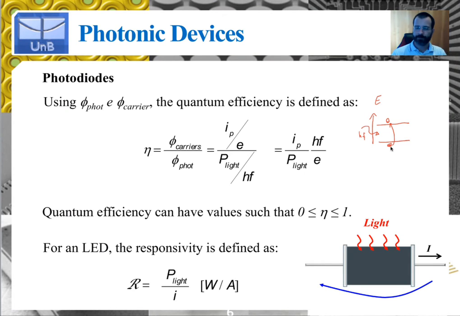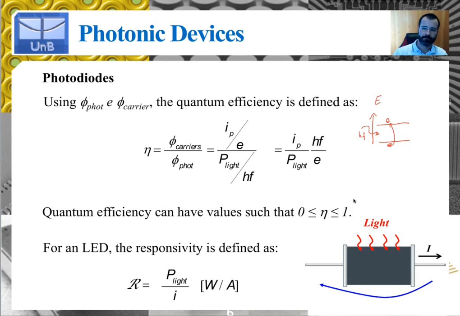And if every photon that impinges on the device generates an electron hole pair, and every electron hole pair generated is actually used in order to make up the current through the device, then you would have a quantum efficiency of 100%, or eta equals 1.